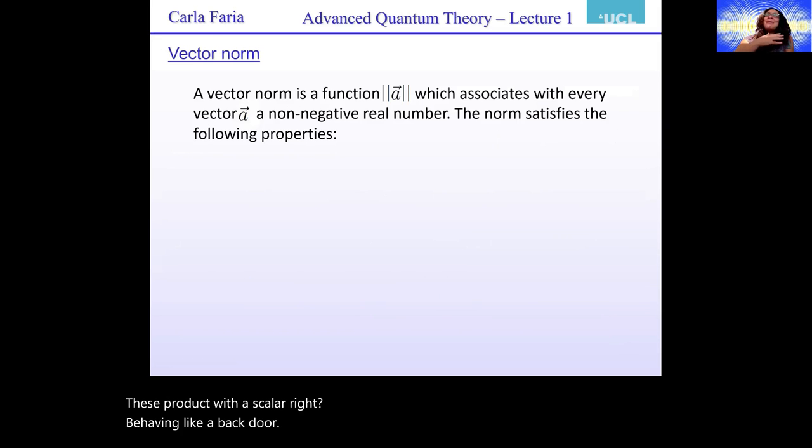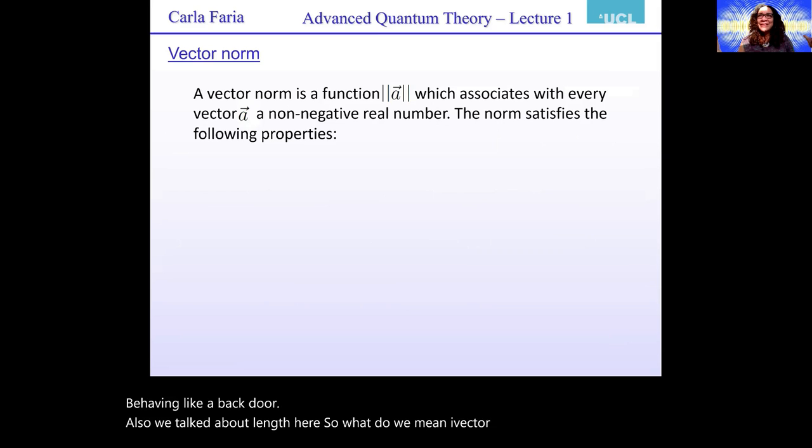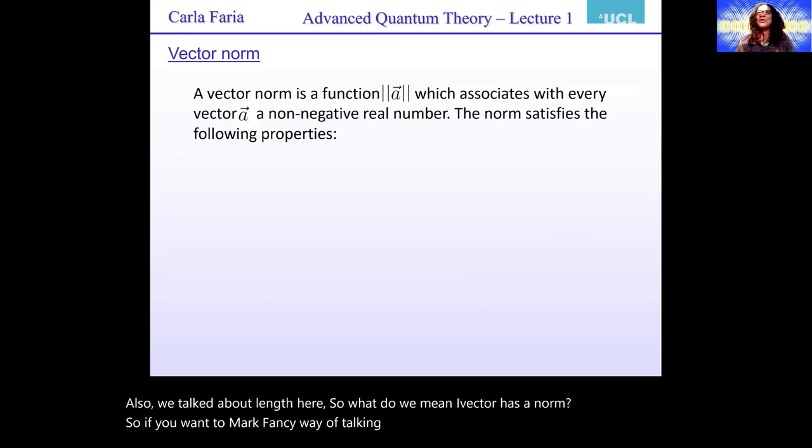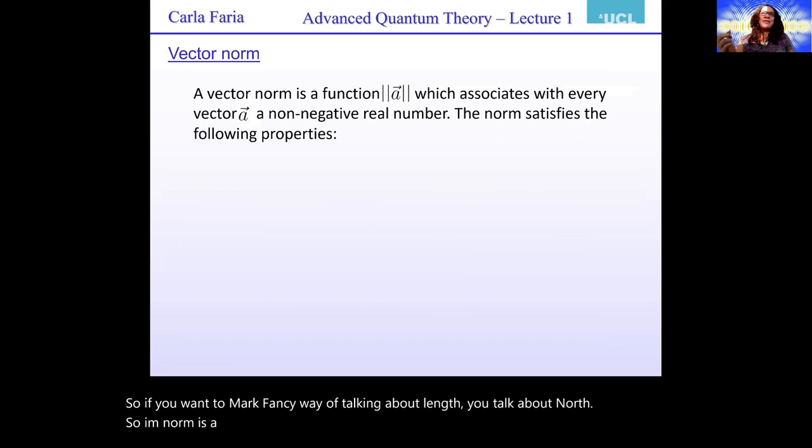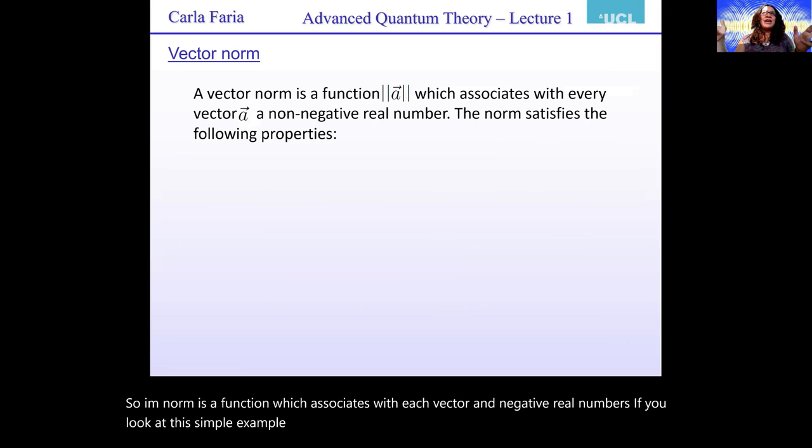Also, we talked about length here. So what do we mean? Well, a vector has a norm. So if you want a more fancy way of talking about length, you talk about norm. A norm is a function which associates with each vector a non-negative real number. If you look at this simple example of the vector in 2D space, that's pretty much what you're doing, right?